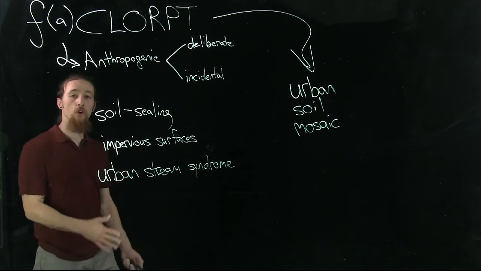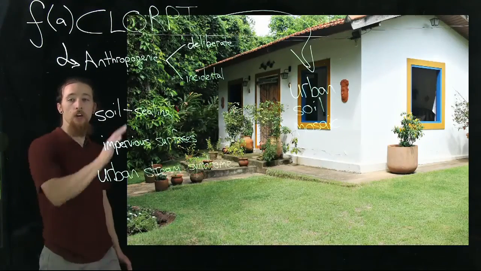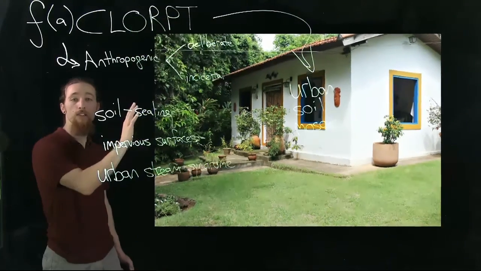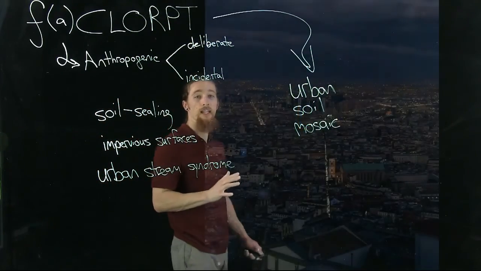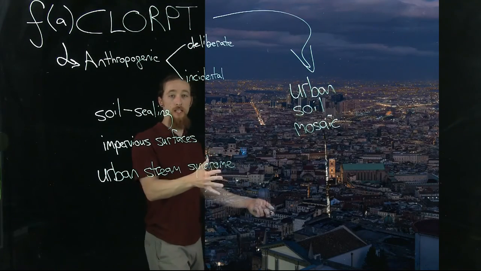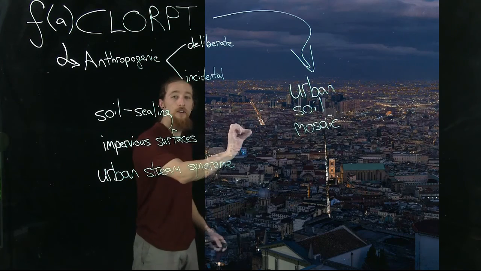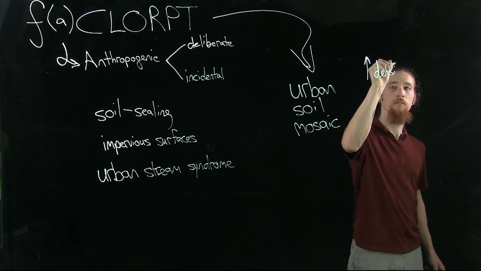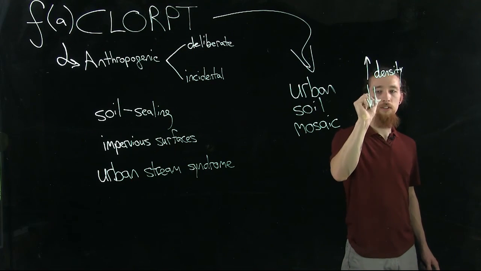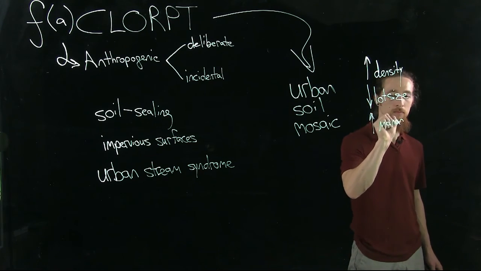So the urban soil mosaic says that as density increases, your lot size decreases, and then you have this full city. And so gone is the time of having this big yard, very, very small. And so as density increases, your lot size decreases, and the number of managers increases.